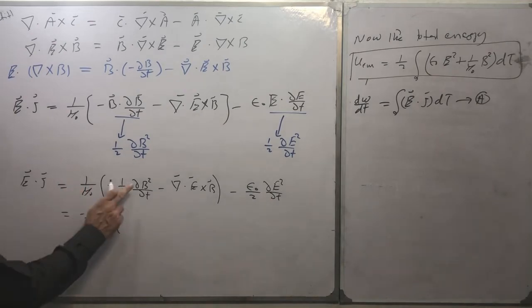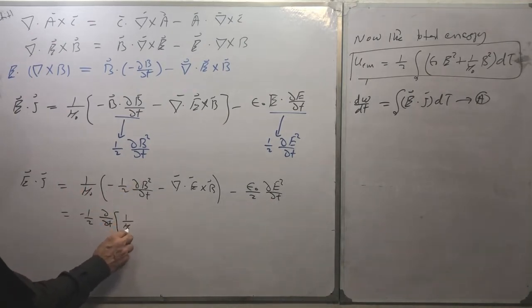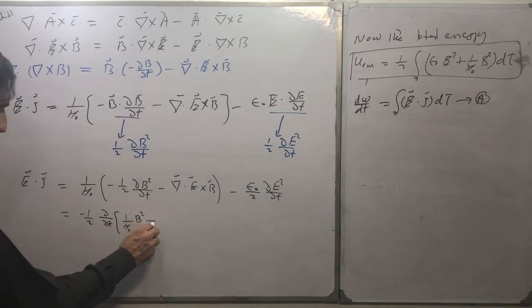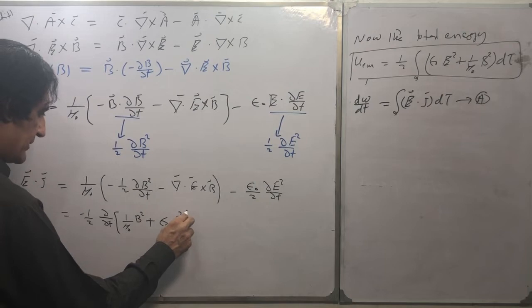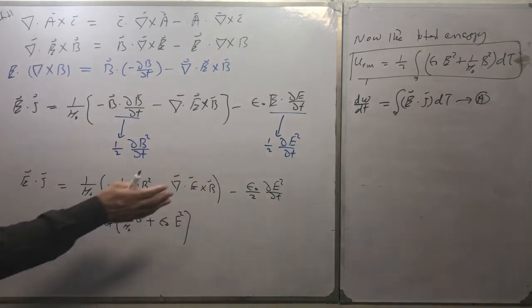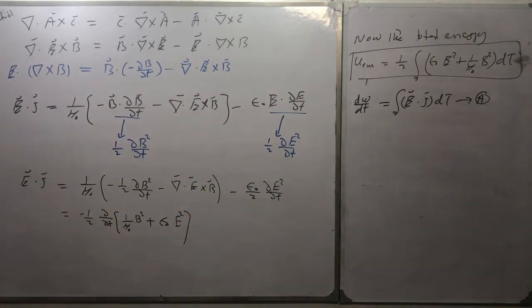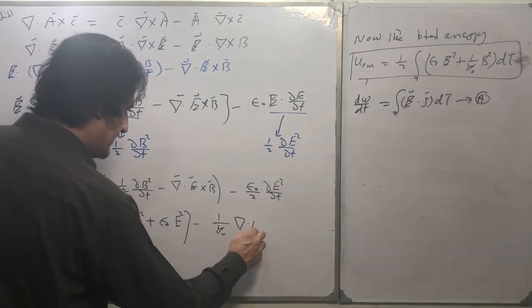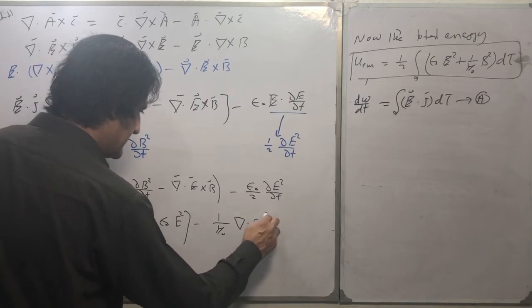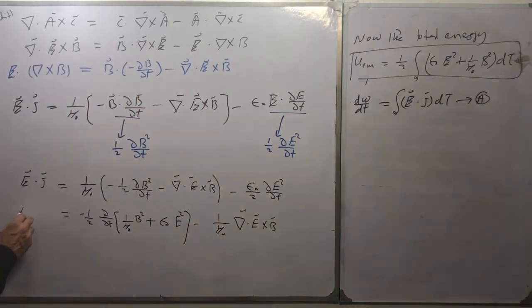Then I have 1 over mu naught B squared plus epsilon naught E squared, and minus 1 over mu naught del dot (E cross B). So this is the E dot J that I have calculated.